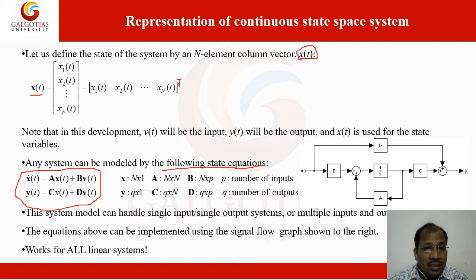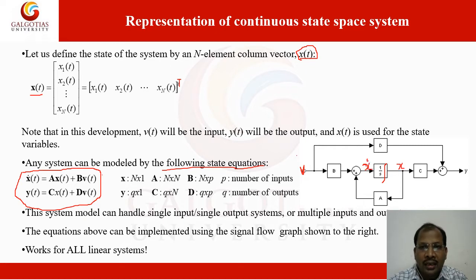We can represent this state space equation in block diagram form. Here v(t) is the input, then the B matrix, then the summation point, and this is the integrator. We can write 1/s or use a simple integrator symbol. The integrator output is x(t) and its input is x dot t.